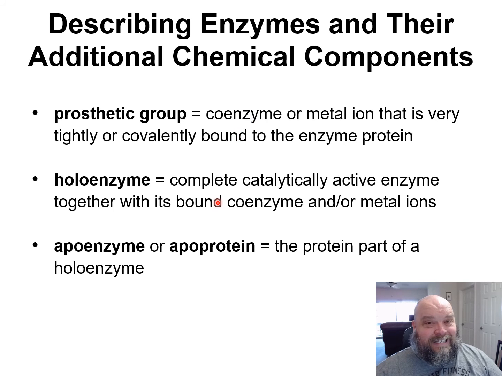The base enzyme without the coenzyme, without the metal ion, is referred to as the apoprotein, or apoprotein. Tomato, tomato. Coenzyme, metal ion, added to the apoprotein, you get the holoenzyme. A plus B gives you C. All right.